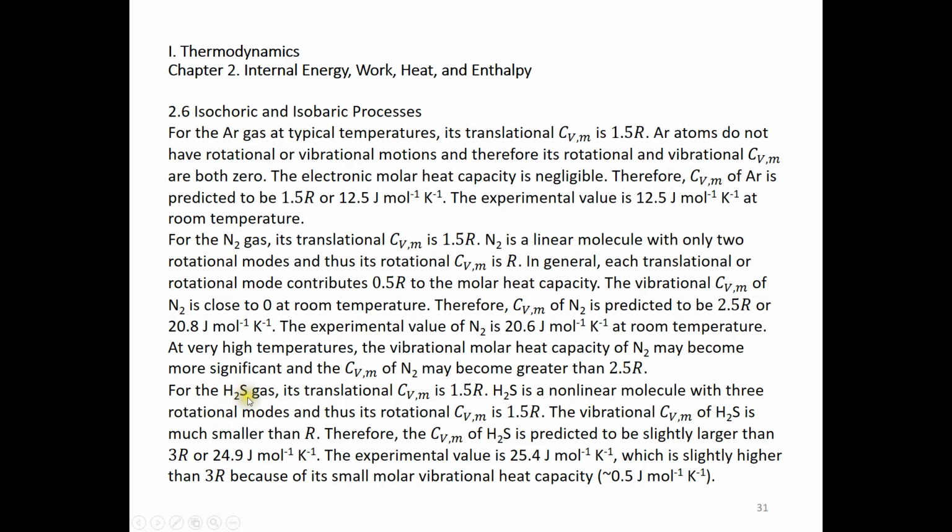It's also considered a vibration. And this molecule can bend faster at a higher temperature. That means it absorbs heat and the temperature goes higher. That means we have a little bit of molar vibrational heat capacity. It's about 0.5. So that accounts for the difference between our prediction, 3R, and the experimental value.